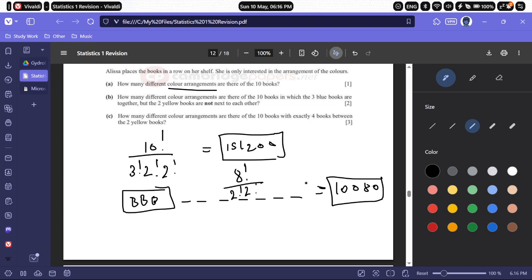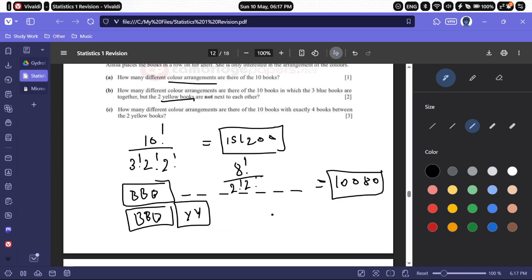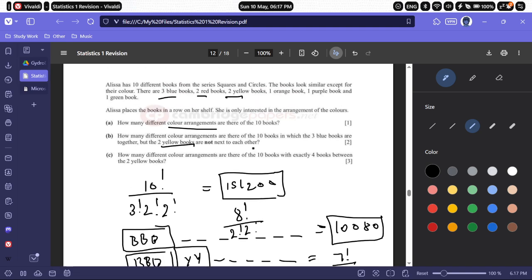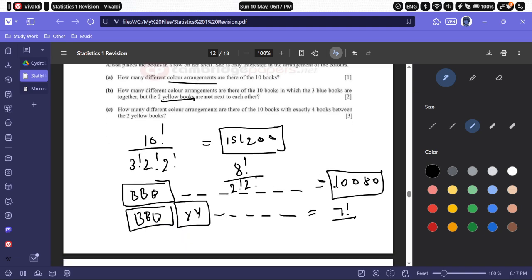You can either use this method of finding the total cases and then the cases when the 2 yellow books are together. So again, you have 5 remaining letters, 1, 2, 3, 4, 5, and then you have to arrange them with the 2 blocks. So basically that would be 7 factorial over 2 factorial, because there's repetition for the red books.